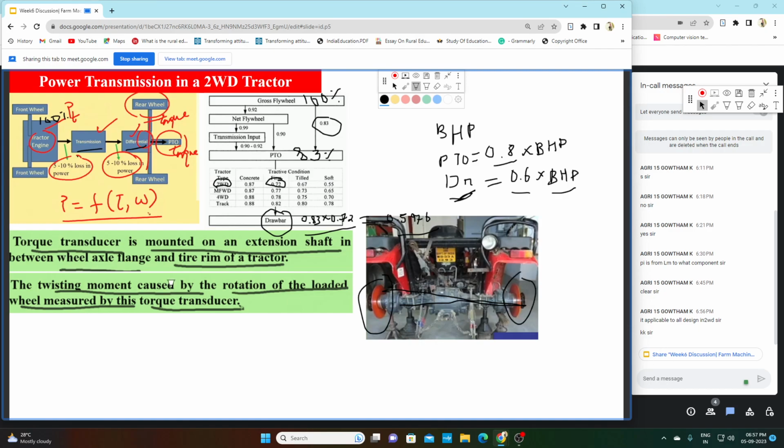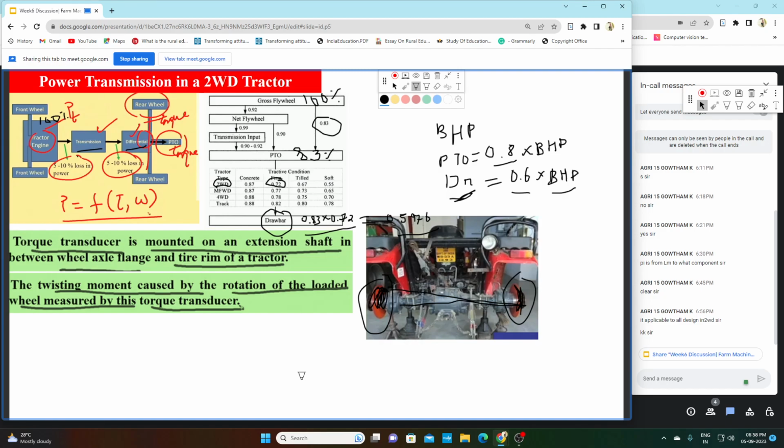So we are putting the torque transducer in between this extension shaft of the wheel flange and the tire rim. Okay, this is your torque transducer.